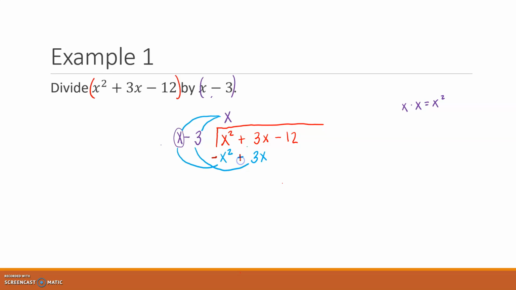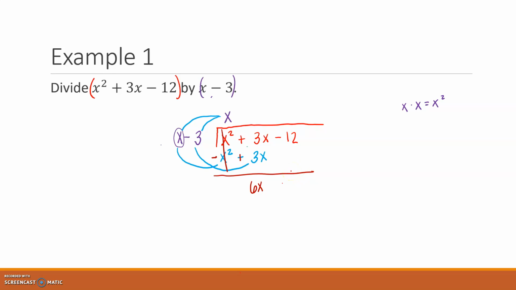We're subtracting that. So we're changing the sign of everything. And the idea is that when we do this, those first terms should cancel out. If they don't cancel out, something's wrong. But 1x squared minus 1x squared is 0x squared, so they cancel. When I do 3x plus 3x, I get 6x.